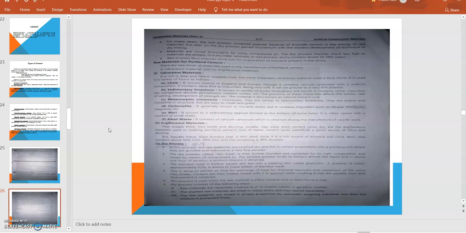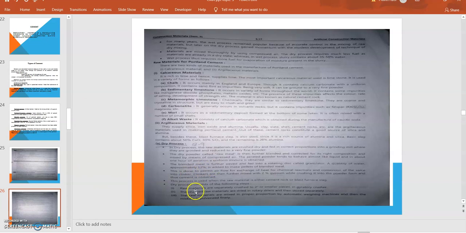Then the blended meal is further sieved and fed into a rotating disc called a granulator. The quantity of water is approximately 12%. So in the dry process, the quantity of water is less. In the wet process, about 40% of water is added, and in the dry process, we add only 12% of water.